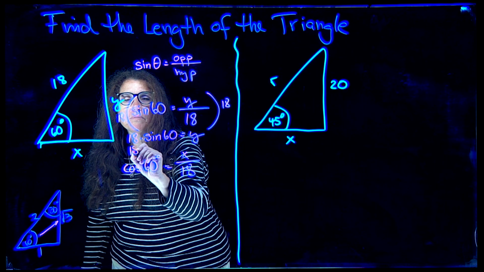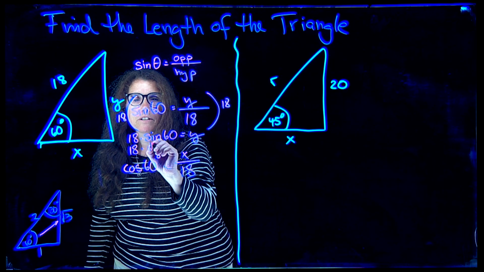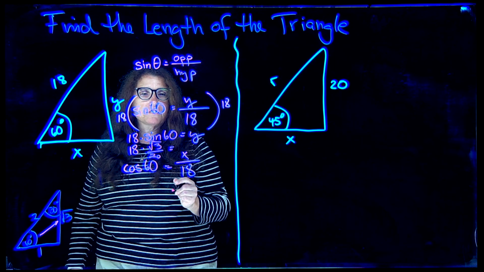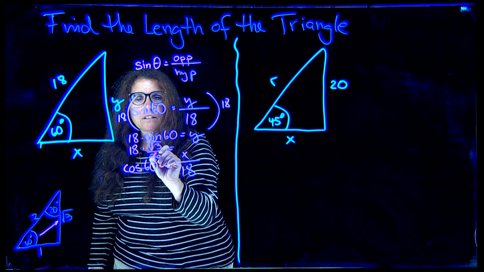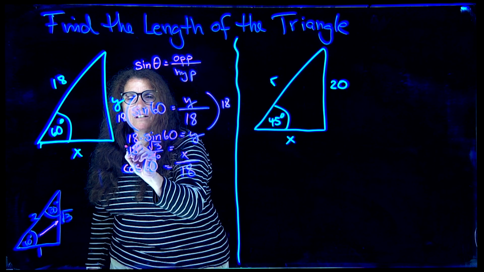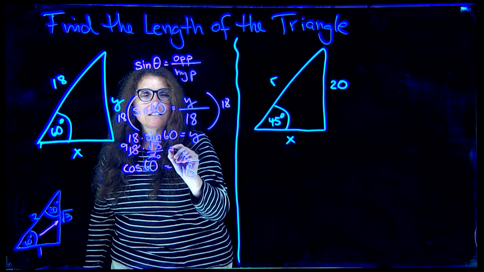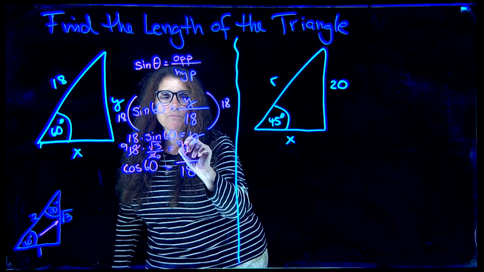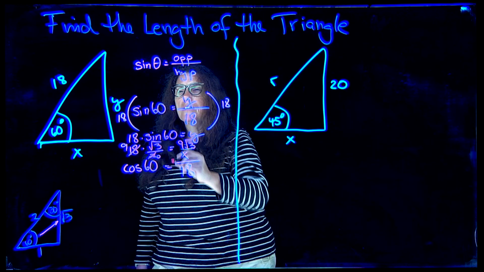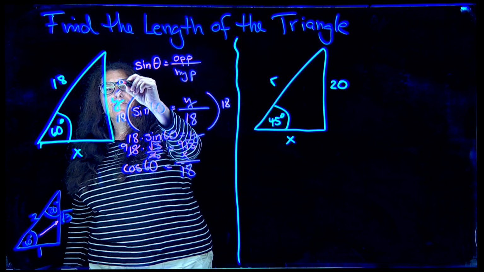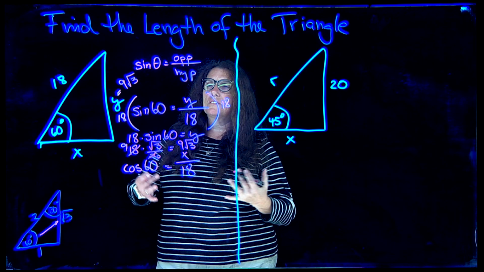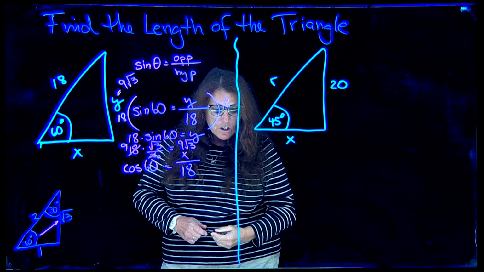So we multiply 18 by square root of 3 divided by 2. We can reduce the 2 with the 18. That gives me 9, and the y value is 9 square root of 3. So y is equal to 9 square root of 3. We have no units here, so we just say units.